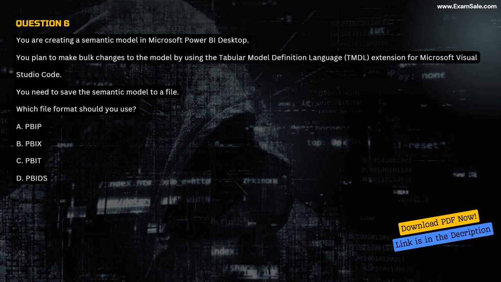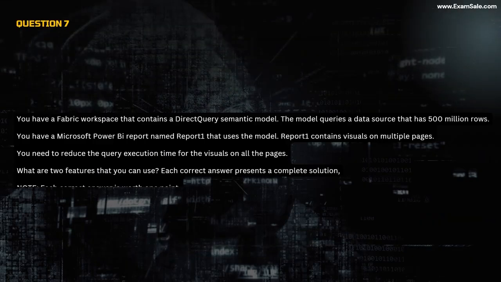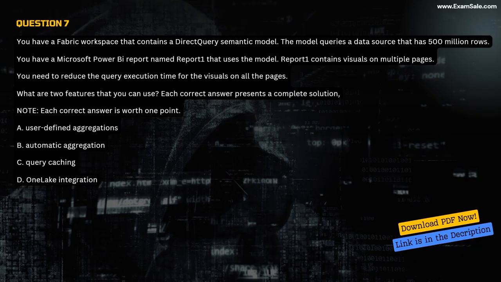C. PBIT. D. BIM. Correct answer: A, PBIP. Explanation: PBIP format supports saving semantic models as project files, enabling integration with TMDL and version control using Visual Studio Code.